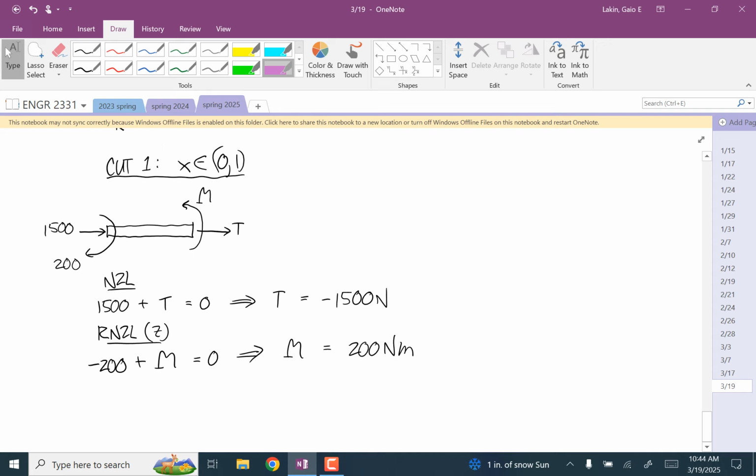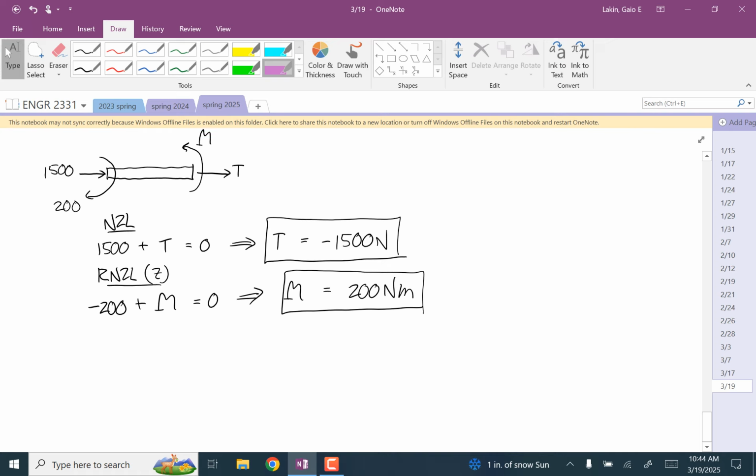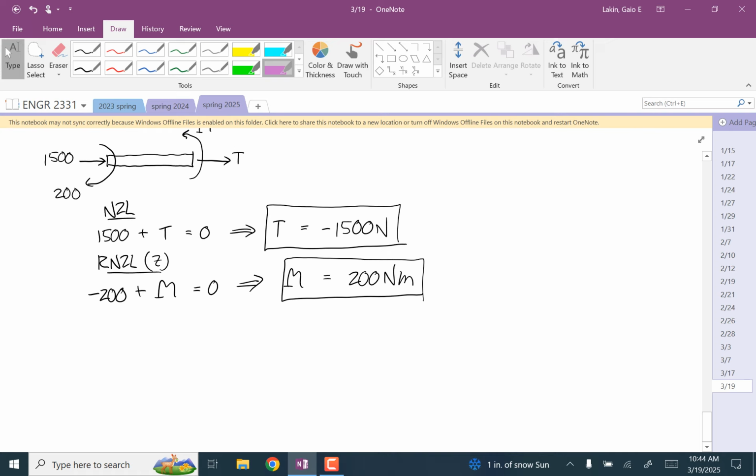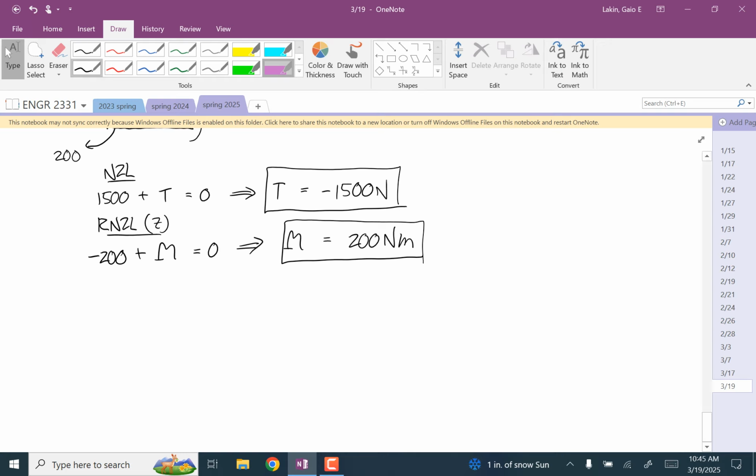Okay, so now we have these two internal loads. These are the same no matter what cross sections we chose, but now we can do the different cross sections. So let's do cross section A first.